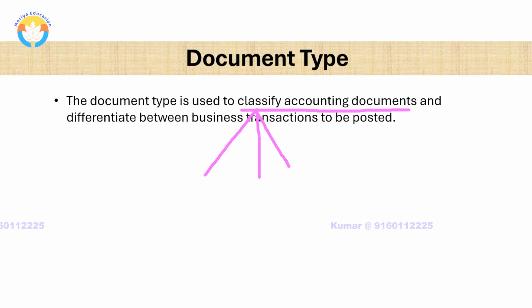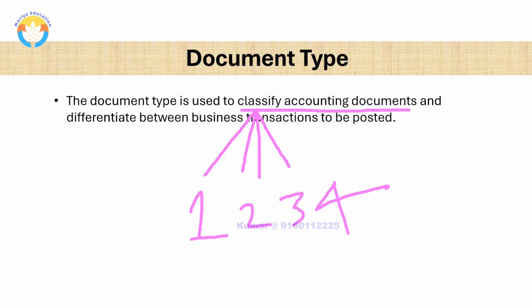Classification. What is classification? Classification means we are dividing the accounting documents. We are separating the accounting documents based on these transactions. For example, I'll tell you one example. In school, we have different types of classes. First class, second class, third class, fourth class, right? So what are these classes?